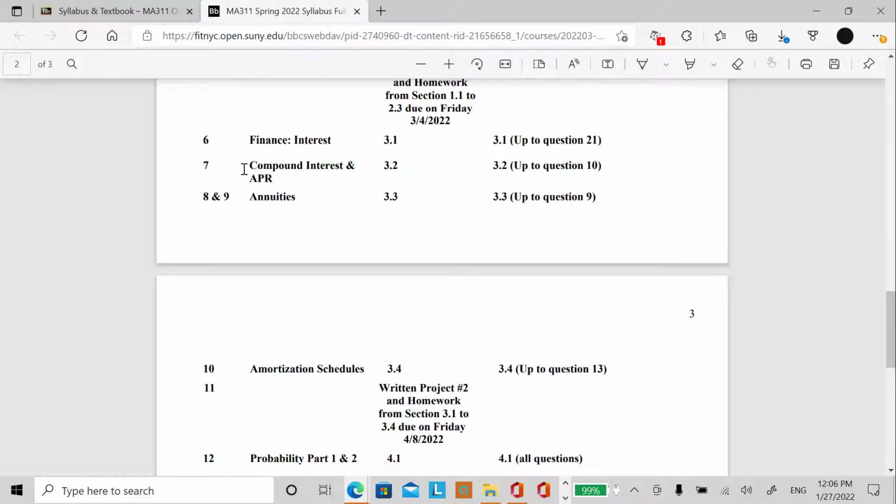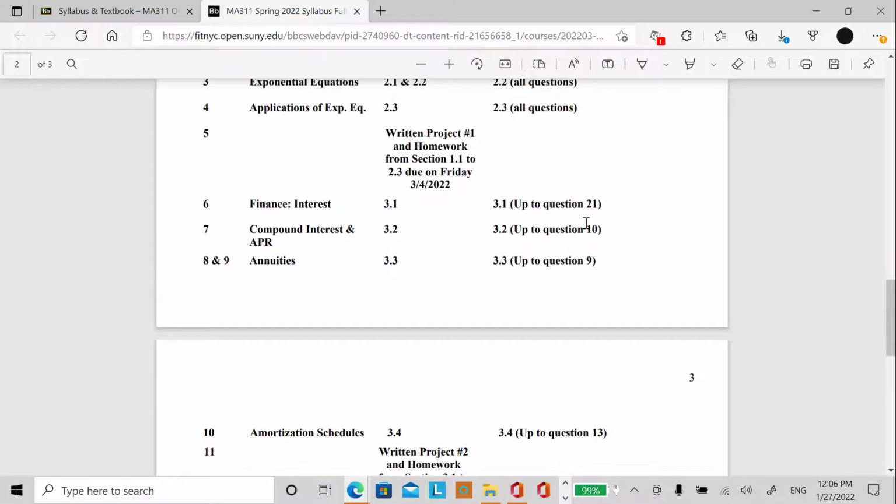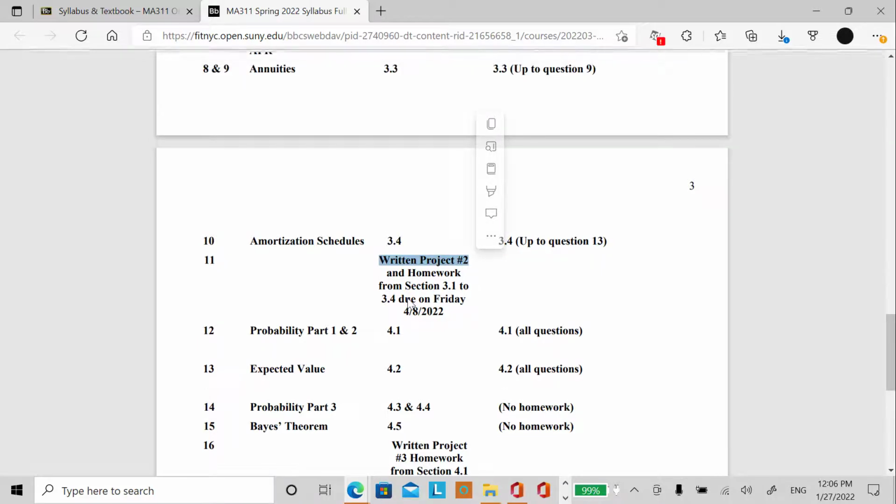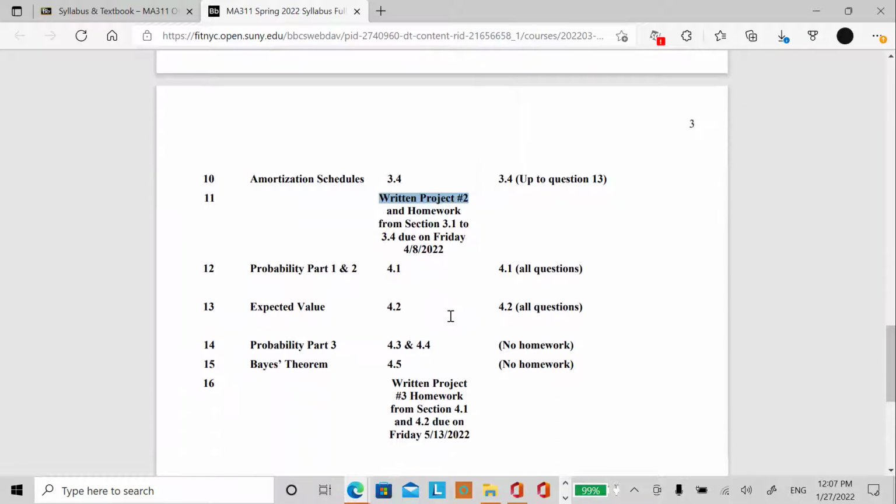Then from week 6 all the way to week 10, you're going to focus on chapter 3, complete the homework assignments from the textbook, and then submit written project number 2 and homework from section 3.1 to 3.4 on Friday, April 8th, 2022.